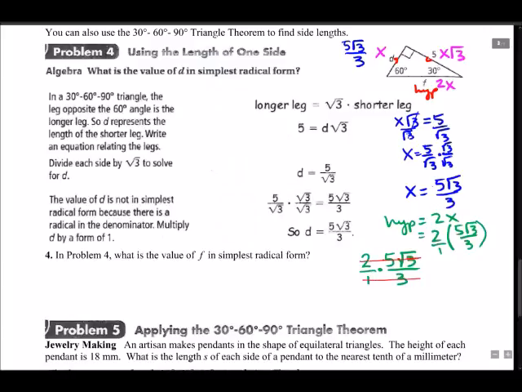Straight across the top, straight across the bottom. So what's 2 times 5? That's 10 square root 3. 1 times 3, that's 3. So our hypotenuse length is 10 square root 3 over 3.